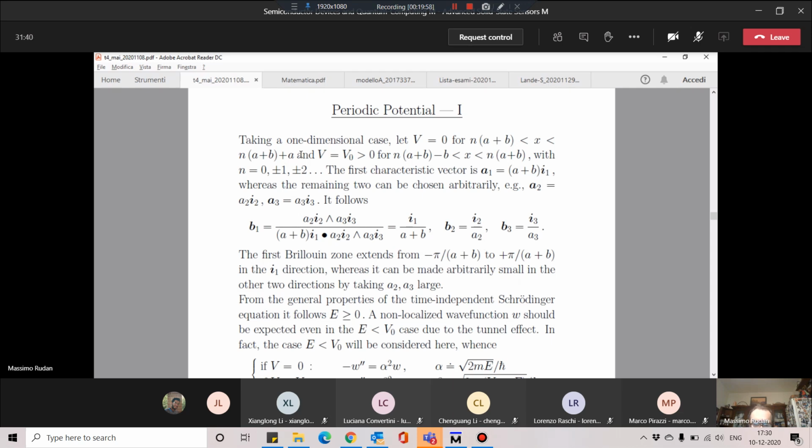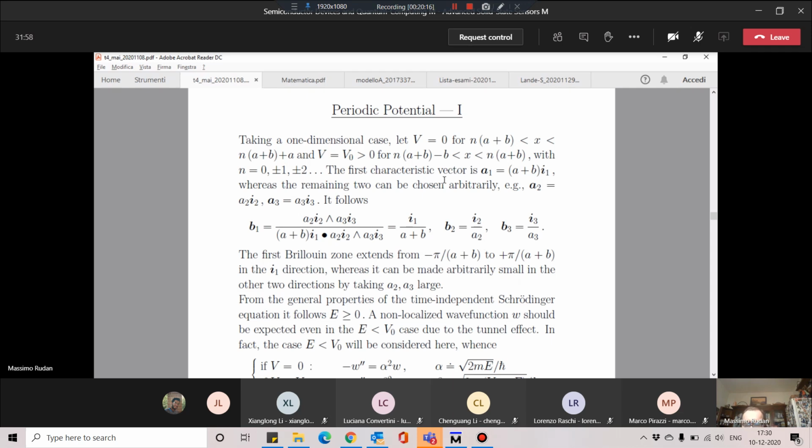Now we have to solve the Schrödinger equation, and we do the same procedure as we did for the barrier. You remember, when we have a barrier, we solve separately the Schrödinger equation outside the barrier and inside the barrier.